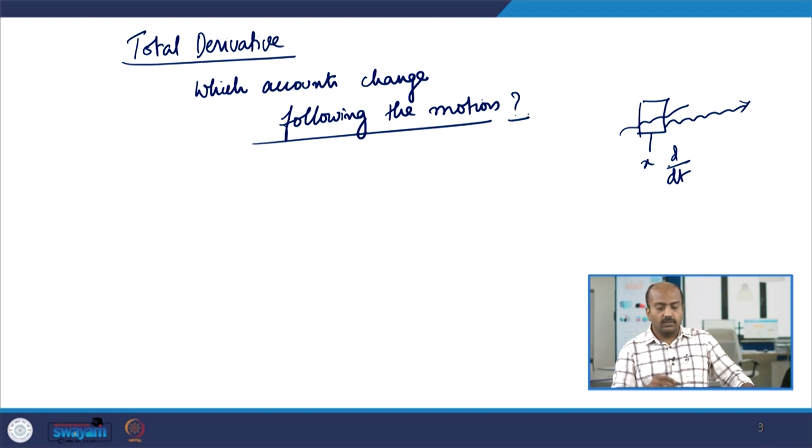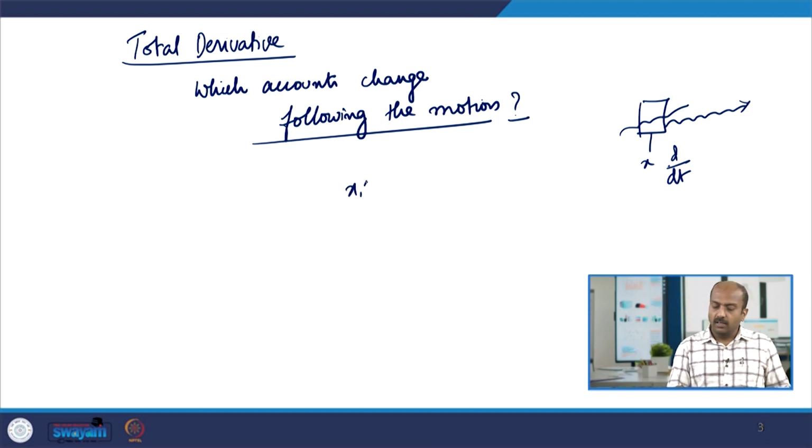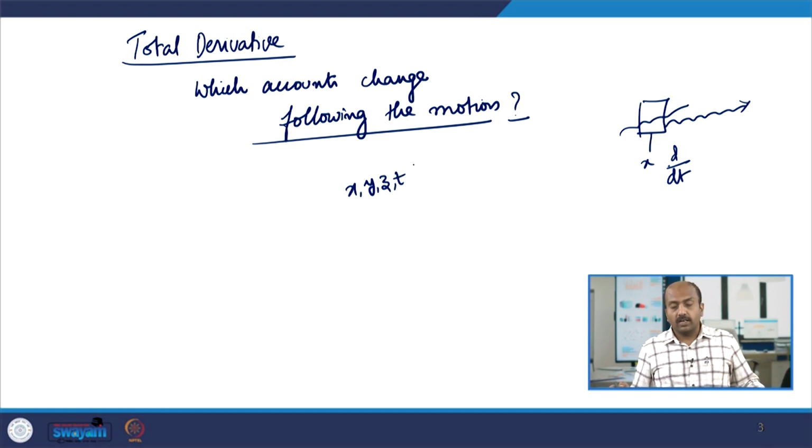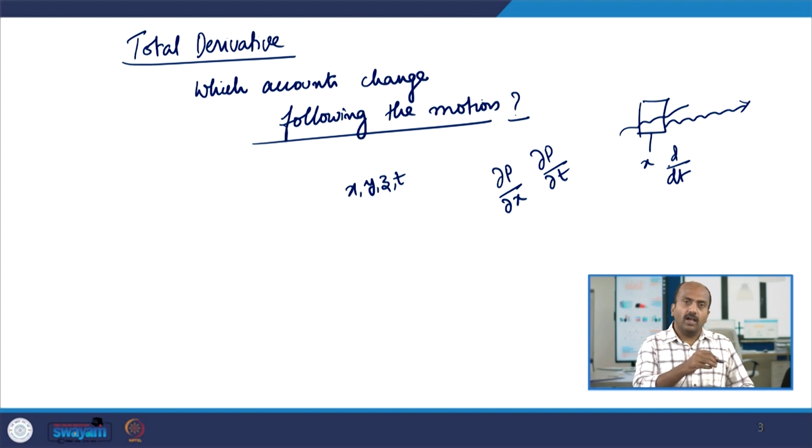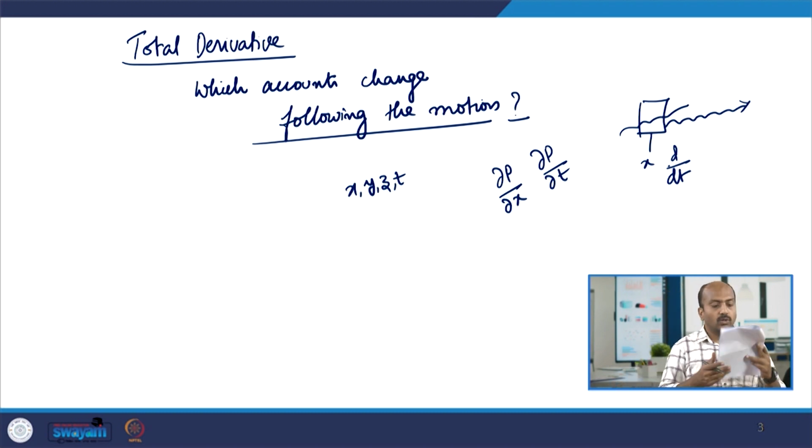These are x, y, z, t, the variables. You have to find how the pressure changes with respect to position, or what the pressure change is with respect to time. But if you are trying to find this as the parcel is moving from one point to another point, that particular derivative is called the total derivative.